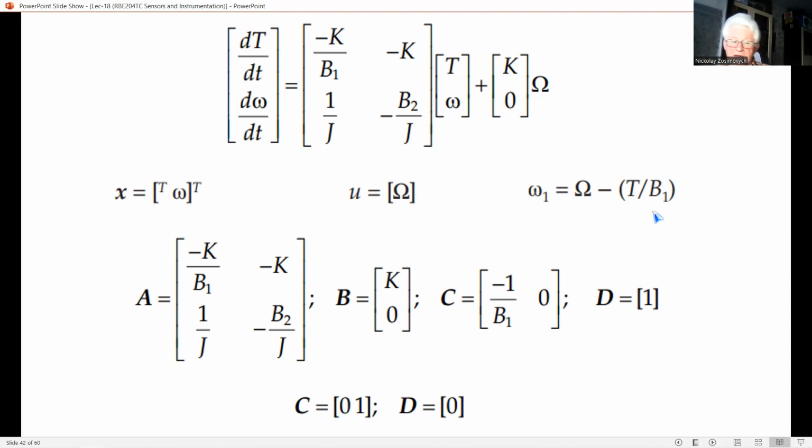The associated matrices of the model are, as you may see, this expression here for A. Very simple, right? In this case, we notice direct feed-forward of the input omega capital into the output omega 1 through the clutch B1. And in case B, the output is simply the second state variable. Then we have the new matrices C and D here.